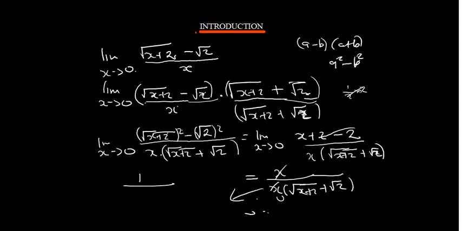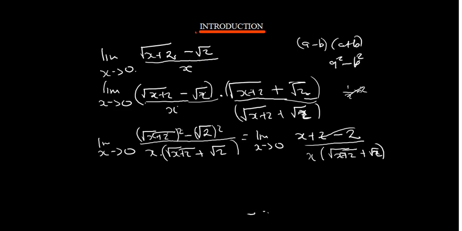So you put the value of x now. By the way, this is where you are supposed to put the value of x. I've already made a very big mistake there, so let me do it for you. This will cancel, so that will be 0, and you remain with x over x times the bracket root of x plus 2 plus root 2.